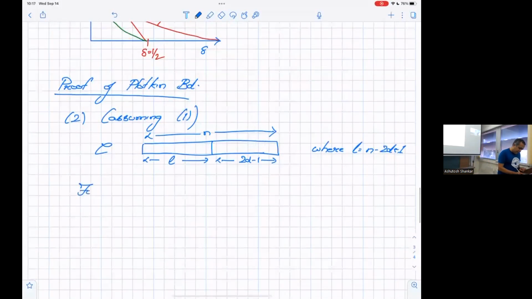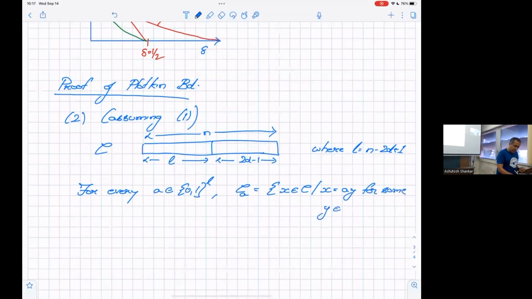Now, for every a in 0,1 to the L, so for every possible setting of the first L bits, we will look at the subcode C_a. C_a is those x's in C such that x is of the form a comma y for some y in 0,1 to the 2d minus 1.